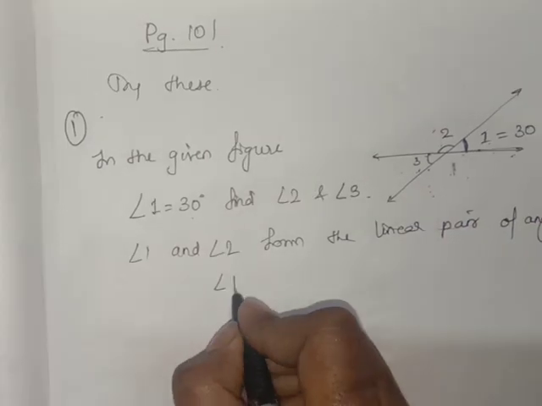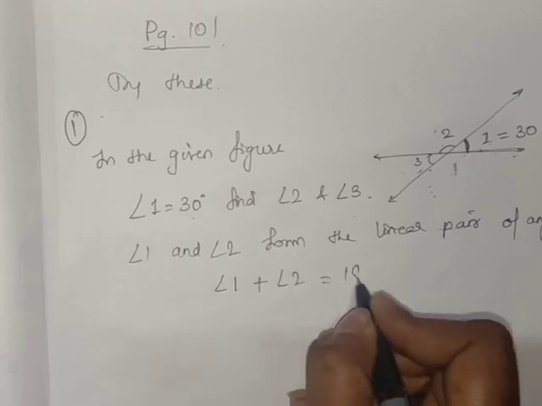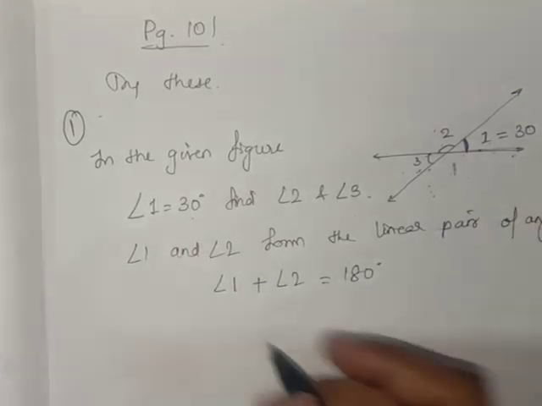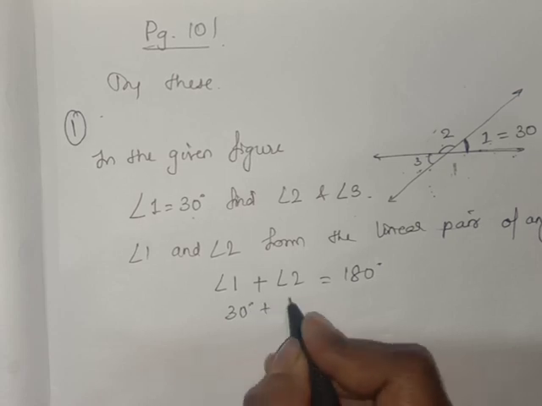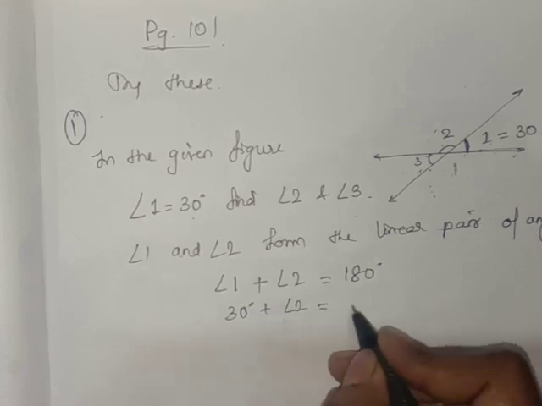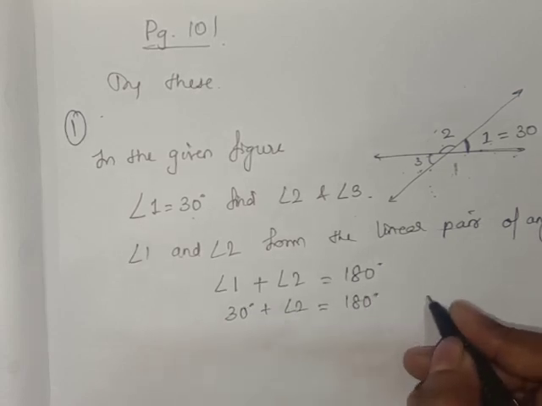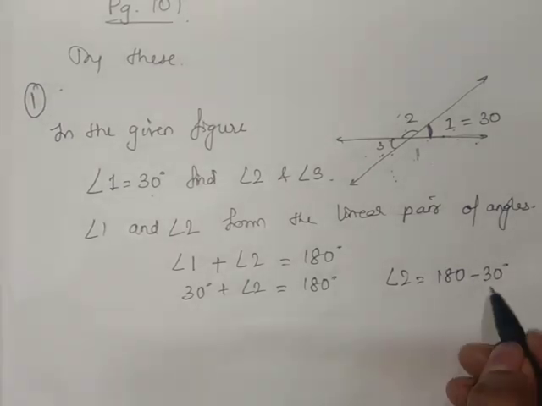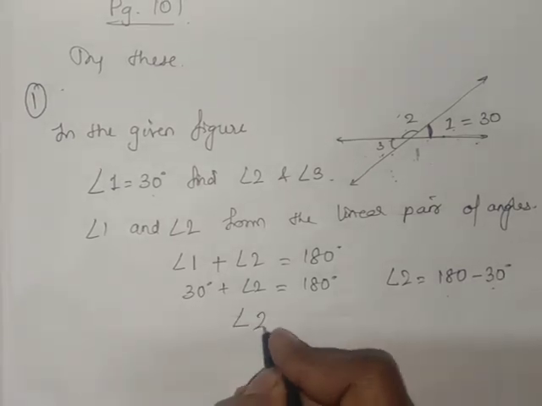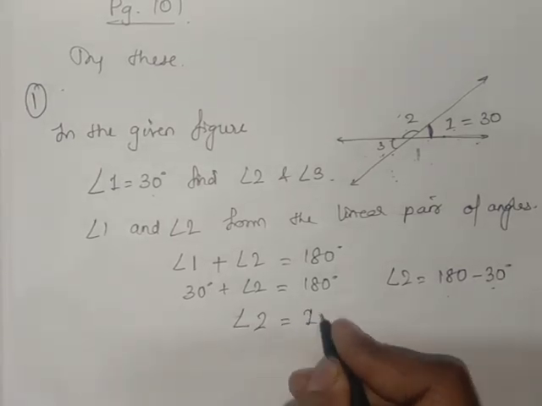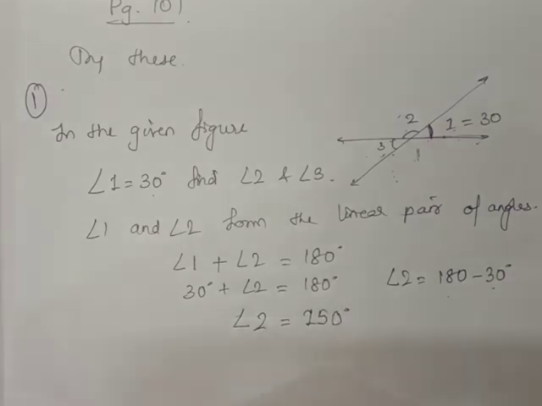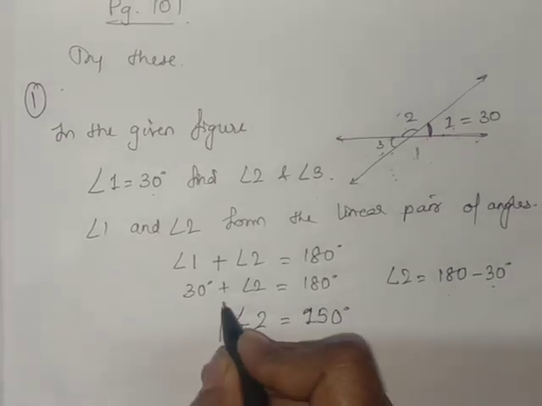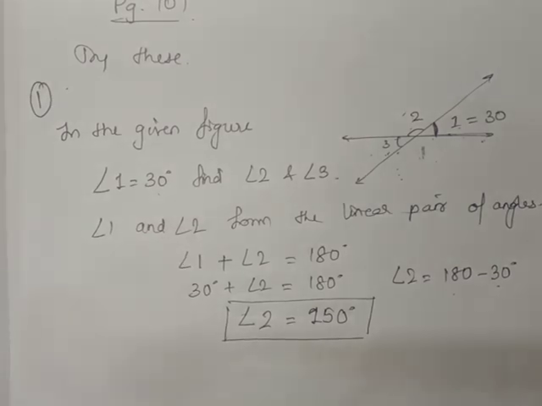So we can say that angle 1 plus angle 2 is equal to 180 degrees. Angle 1 we already know is 30 degrees. So 30 degrees plus angle 2 is equal to 180 degrees. So angle 2 is equal to 180 degrees minus 30 degrees. Subtracting 30 from 180, we get angle 2 is equal to 150 degrees.